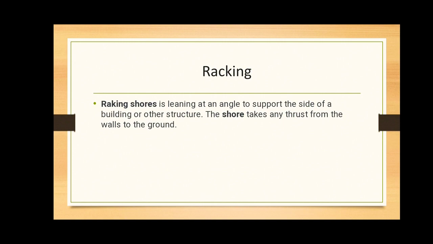These consist of timber pieces placed in an inclined position with one end resting against a defective wall and the other supported on the ground, maybe on suitable soil plates to distribute the pressure on the soil.